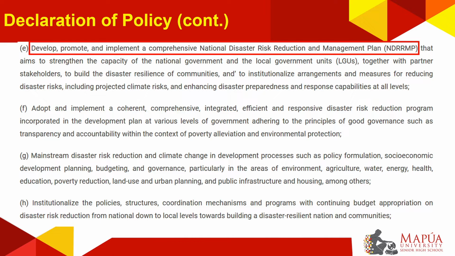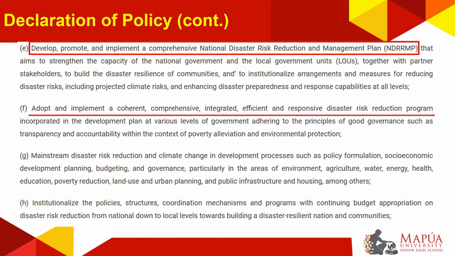So one more policy that this law states is for us to develop an NDRRMP that partners with stakeholders to build resilience in the communities and institutionalize arrangements and measures for reducing disaster risk.